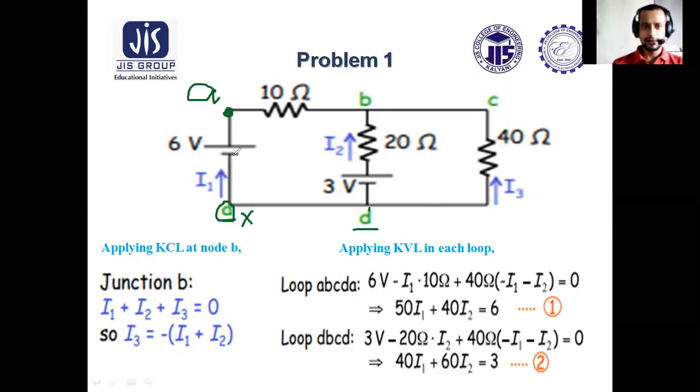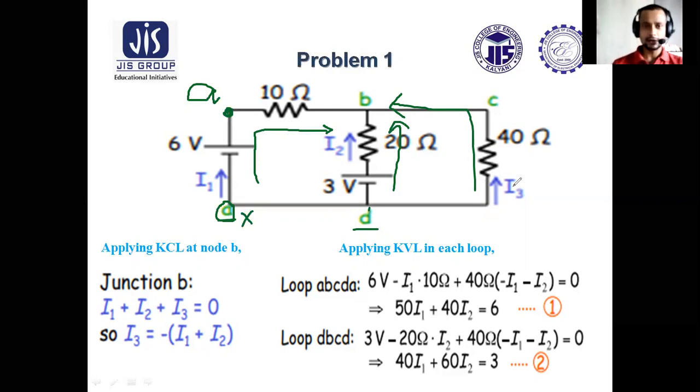Now, see, I1 current is flowing through this branch and entering at node B. I2 current is also, as shown, entering at node B, and I3 current is also entering at node B. Here in this question, the current is mentioned with this direction.